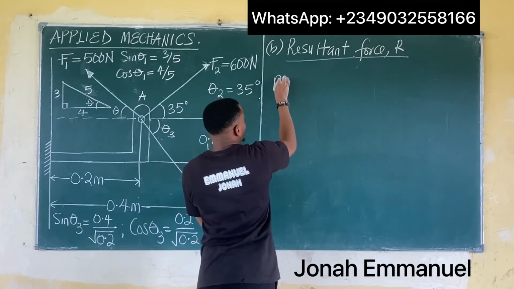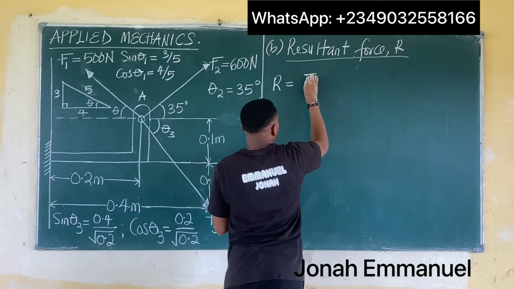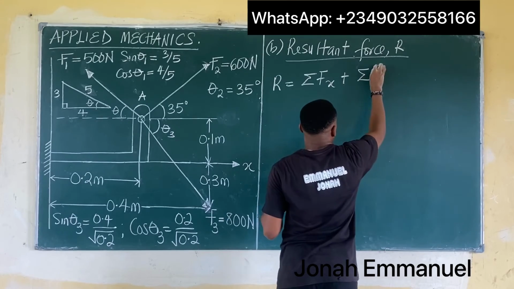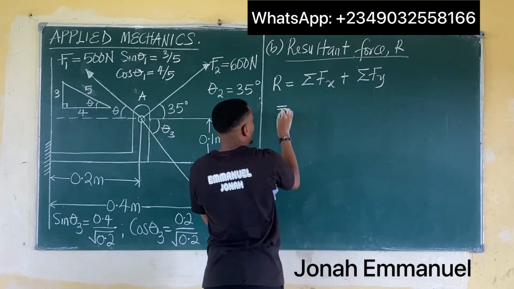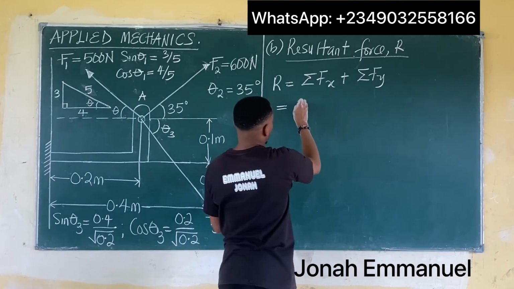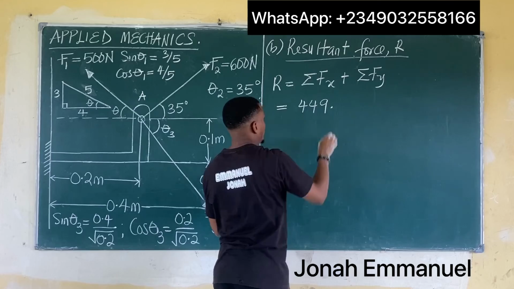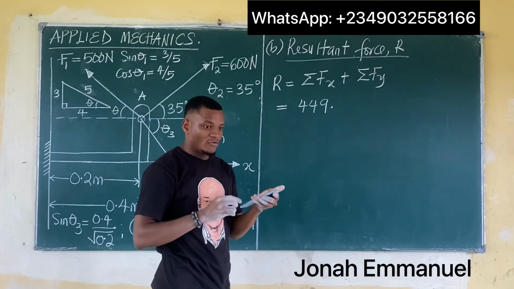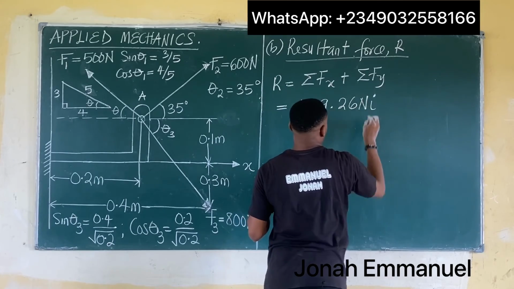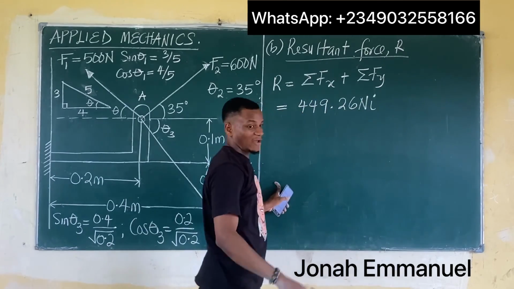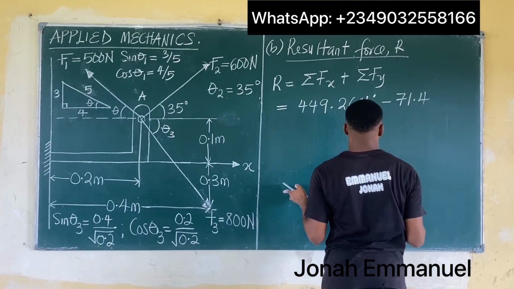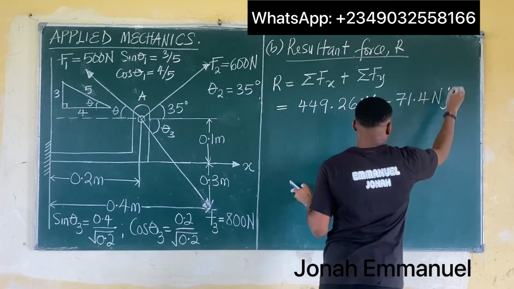So I'm using their R, which is equal to the same formula, sigma Fx plus sigma Fy. Sigma Fx is 449.26 Newton I. Sigma Fy was minus 71.40 Newton J. So we have it.